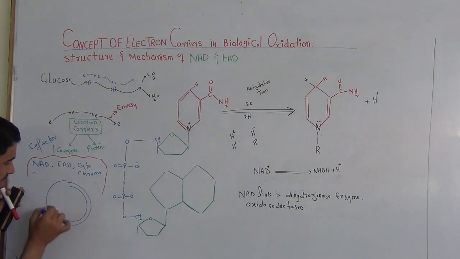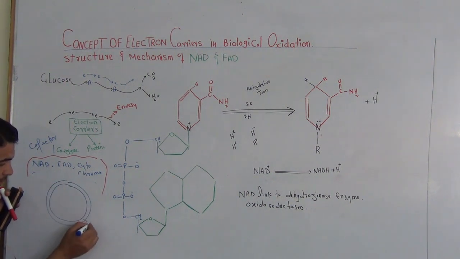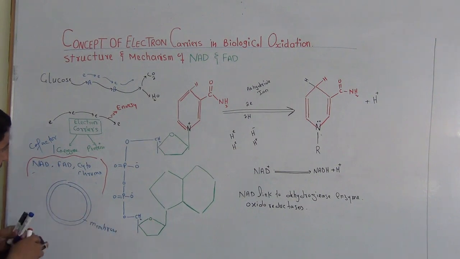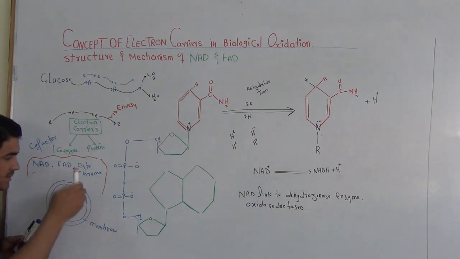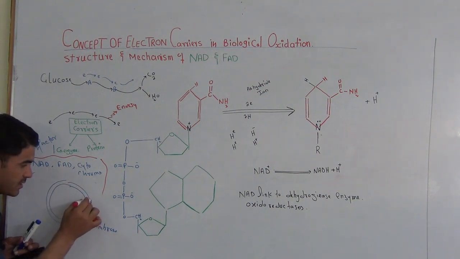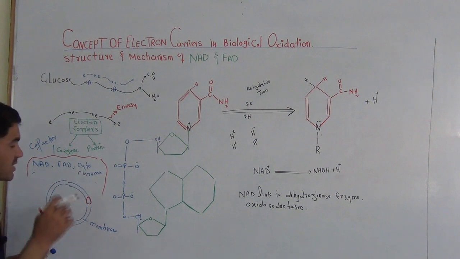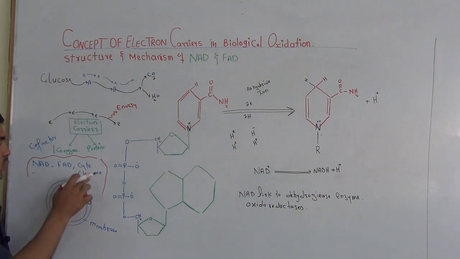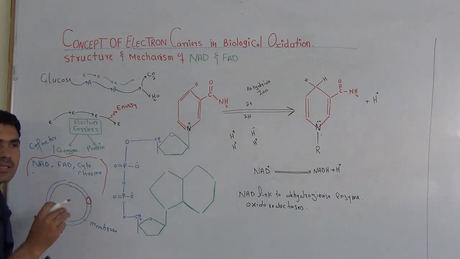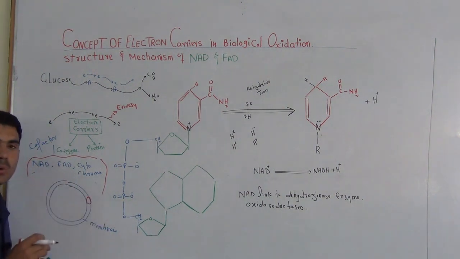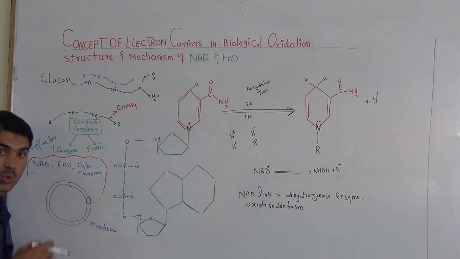And this one is the cell membrane, right? Some of these electron carriers are part of the cell membrane, for example, cytochrome, ubiquinone. These are well-known electron carriers that are attached with the cell membrane proteins especially.